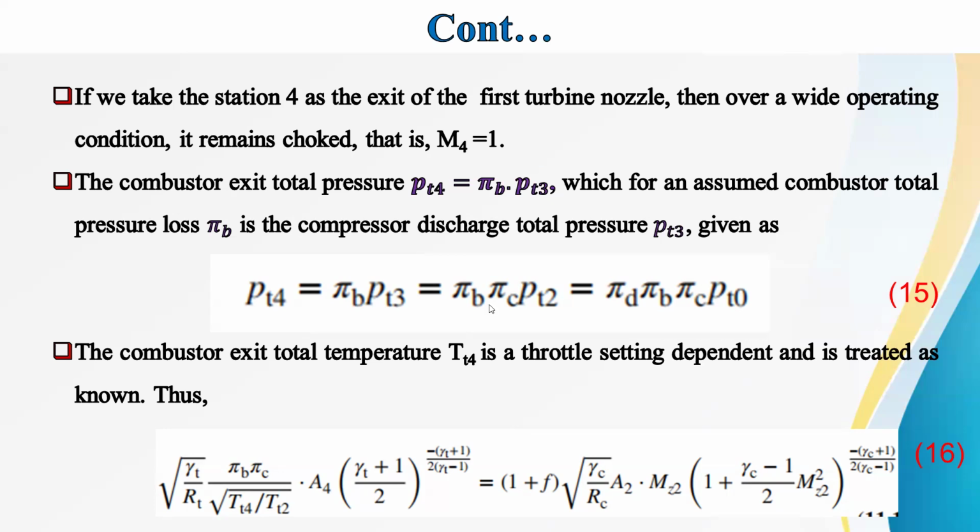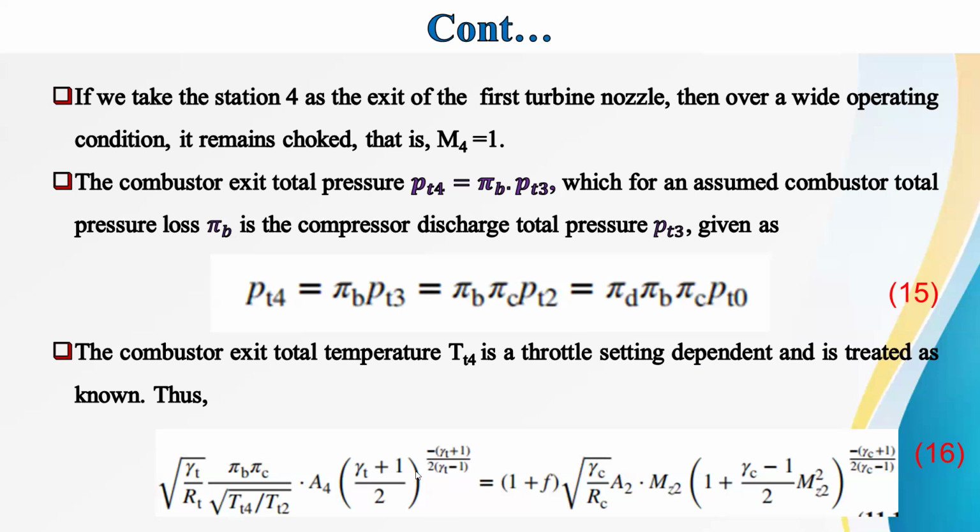For T2, we have pi b times pi c, where pi c is the compressor. Again, pi d, pi b, pi c. These are the recovery conditions, so we multiply these things in order to match all the pressure conditions through the inlet, compressor, burner, and so on.